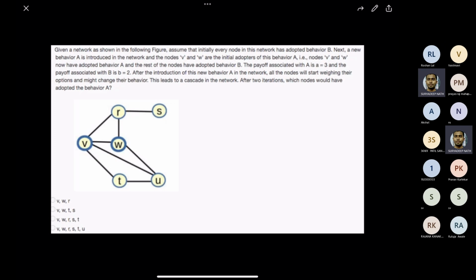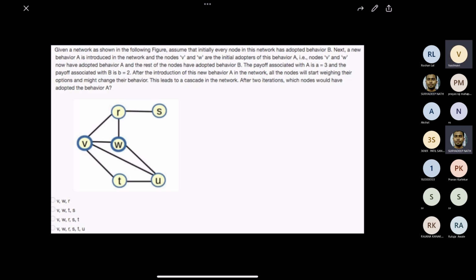That is a similar situation like R. So U will also adopt the new idea after 1 iteration. And now after 1 iteration, only S is left without adopting the new idea. In the second iteration, S is connected to R, which has already adopted new behavior A. Therefore, S has no choice but to adopt. So after the second iteration, all of them would have adopted the new behavior.